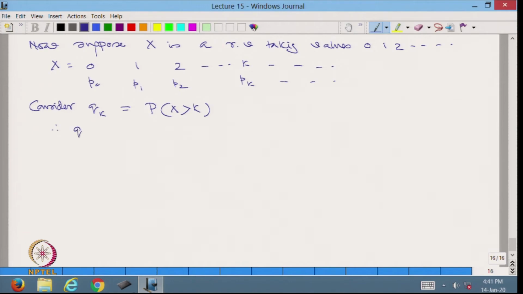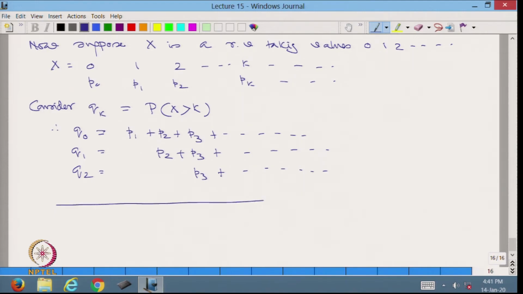Therefore, q0 is equal to p1 plus p2 plus p3 up to infinity. q1 is equal to p2 plus p3 up to infinity. q2 is equal to p3 plus up to infinity.